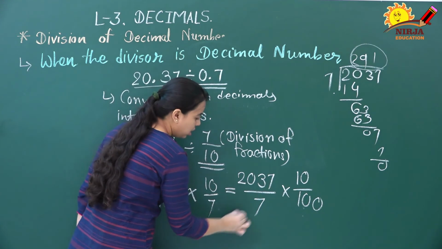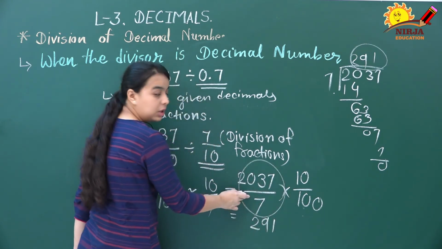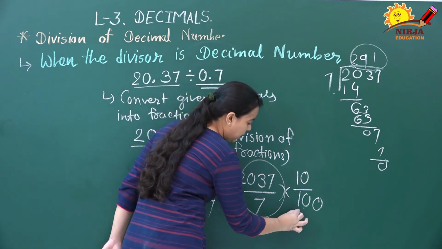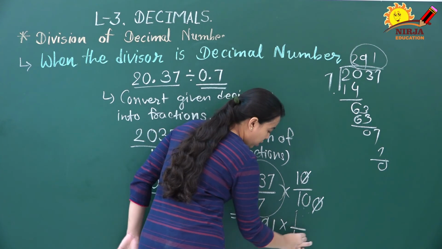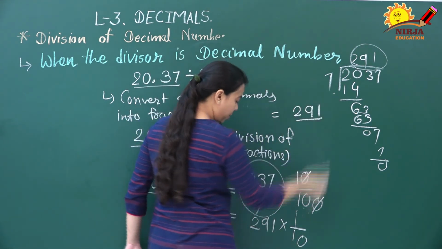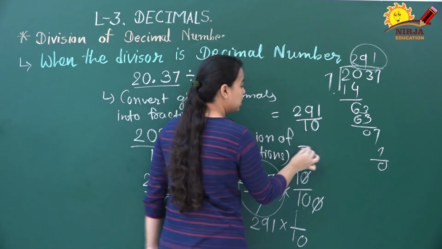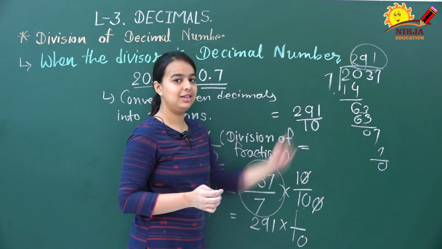So we can write 291 in place of this. Multiply by 10 upon 100. This 0 will be cut. What is left? 1 upon 10. That means 291 upon 10. And this is division by 10, 100 and 1000.